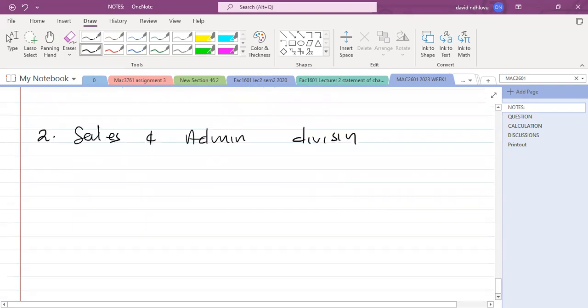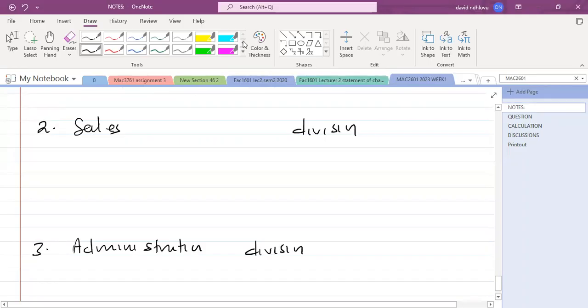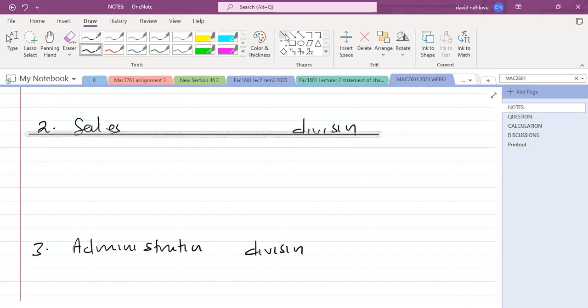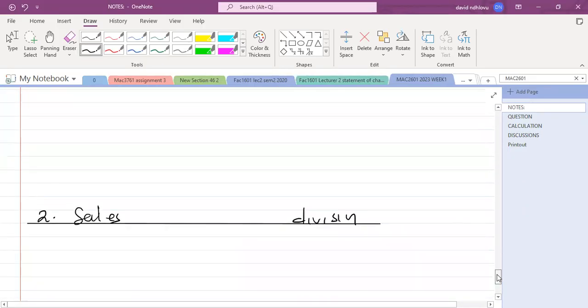Usually we then have number 3, the admin, let's just say sales on its own. So normally sales and then the admin on its own. So when you look at the organizational structure, the simplest and most common organizational structure will have these divisions.